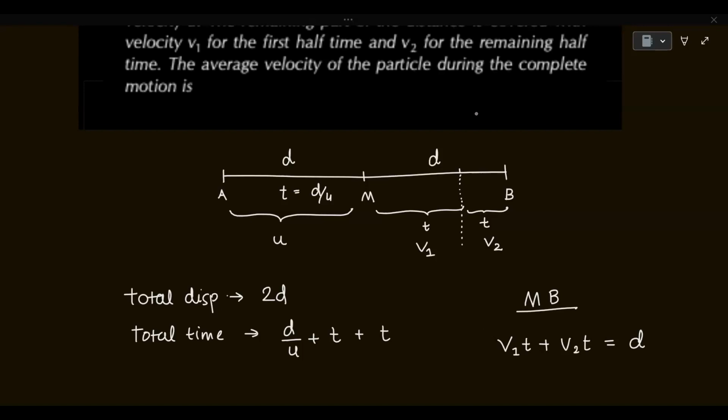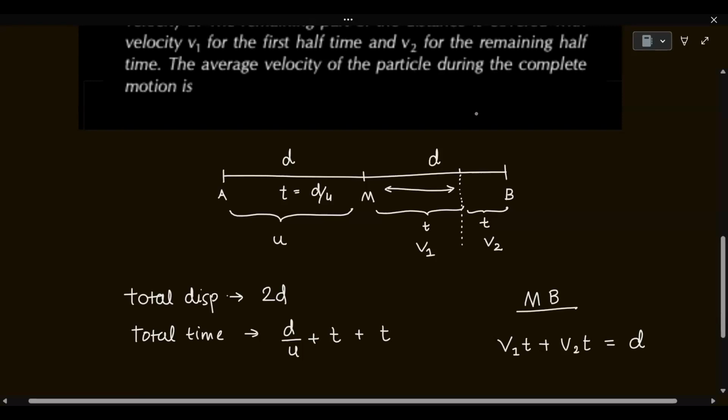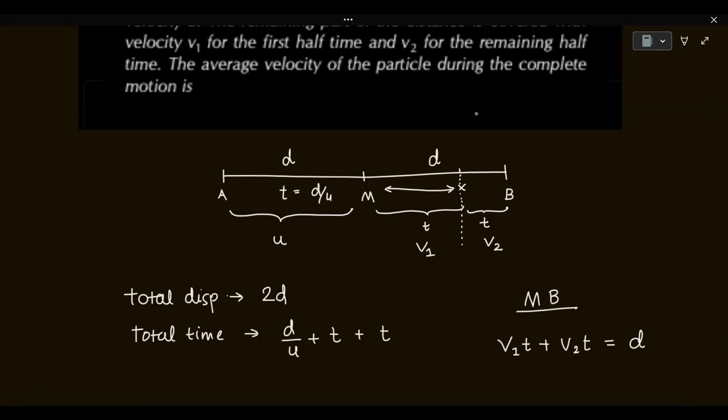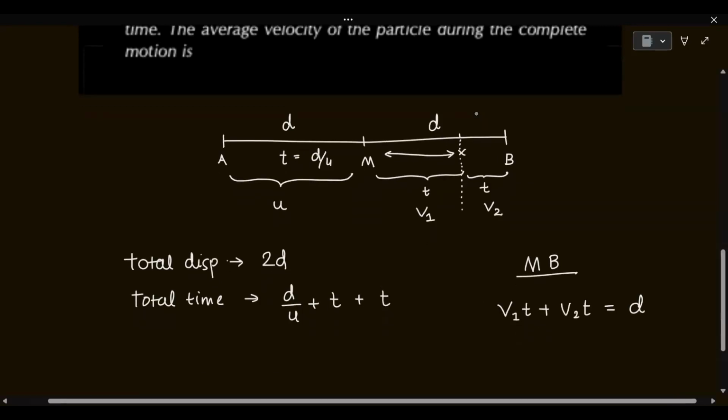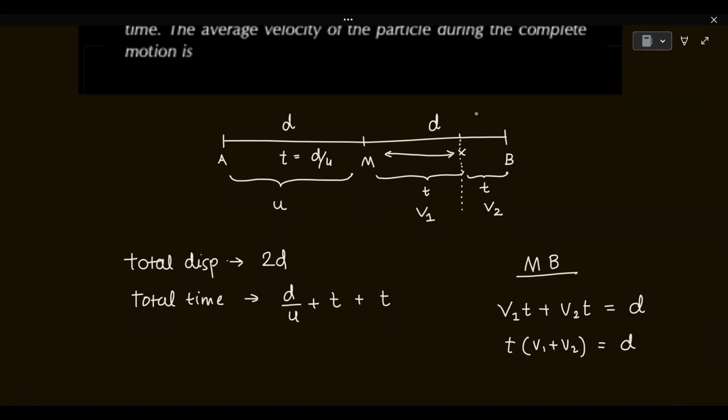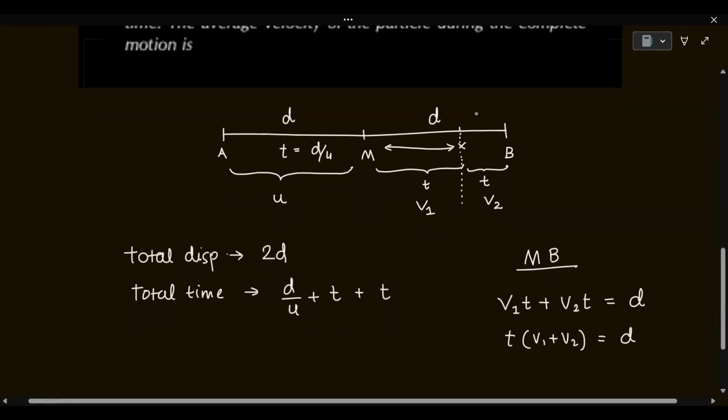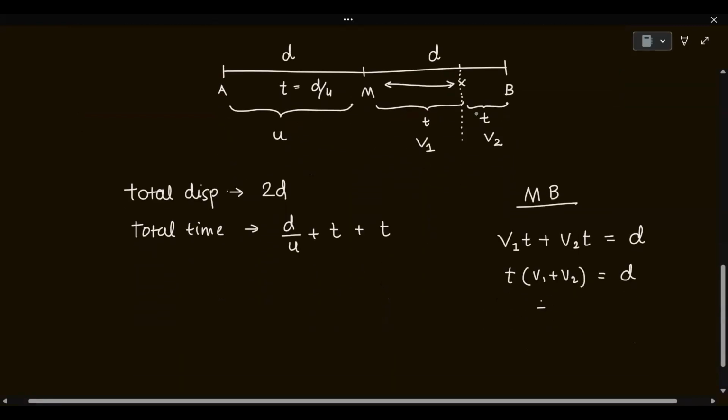See, v1 into t will give me the distance from here to here. Let's call this point x. So M to x distance will be given by v1t. And when you do v2 into t, it will give you x to B. So adding v1t plus v2t equals d as a whole. Now if I take t common, I get t times v1 plus v2 equals d. So from here, can we not find the value of time t?